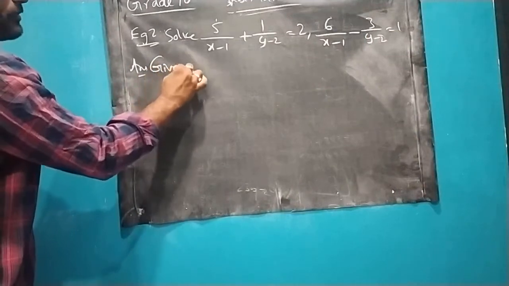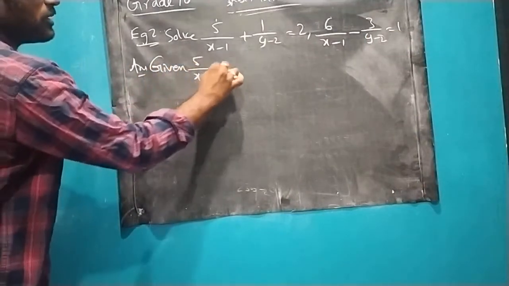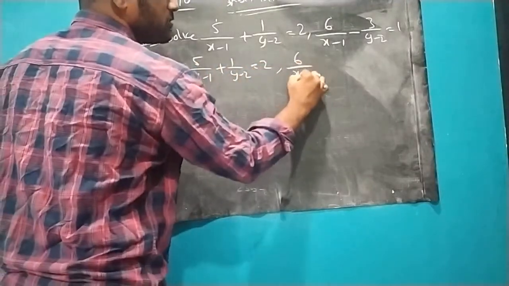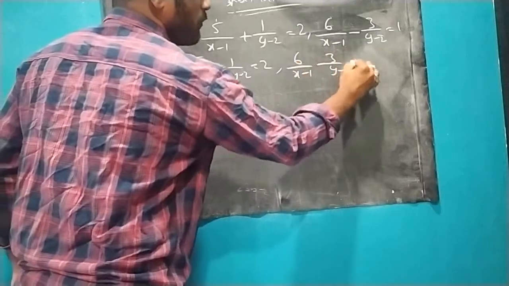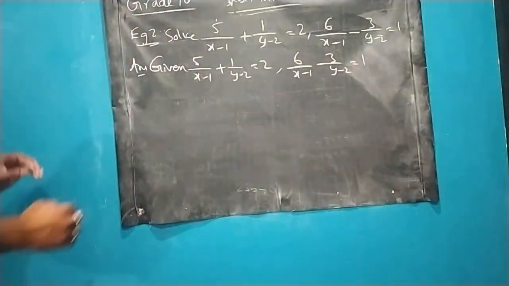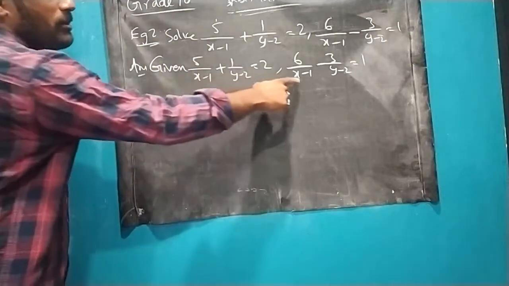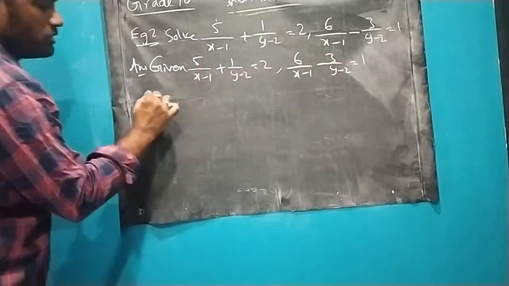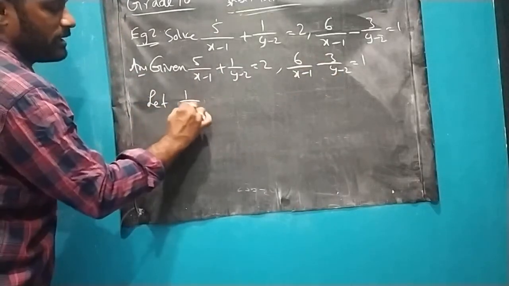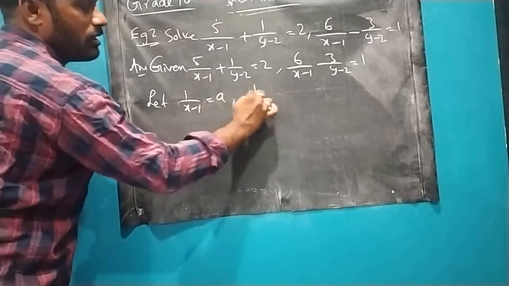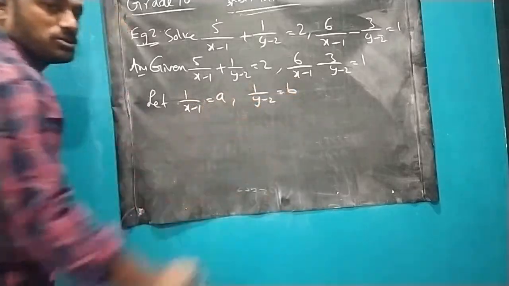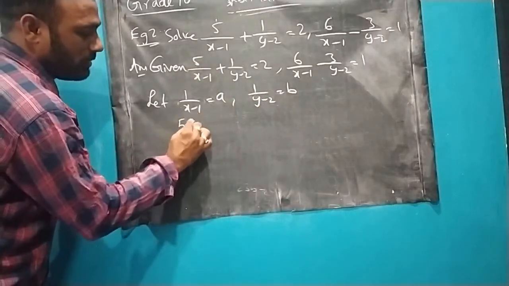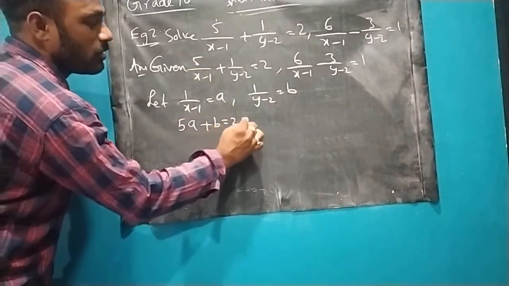Here we can see that the common terms are 1 by x minus 1 and 1 by y minus 2. So we will assume, let 1 by x minus 1 be equal to a, and 1 by y minus 2 be equal to b. If I apply this, the equation will be replaced as 5a plus b is equal to 2.